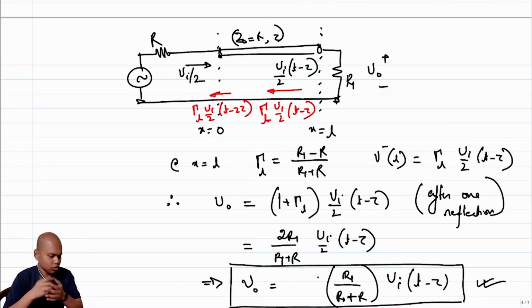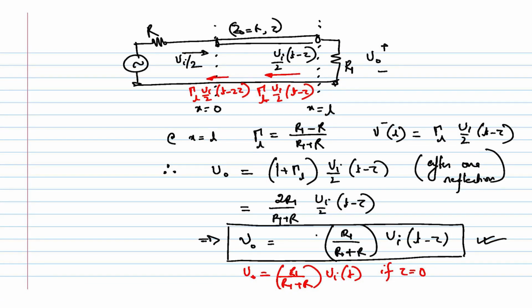So it's a good exercise to do. You can do it yourself, assuming the transmission line is matched to R1, and then go ahead and do it. The hint to doing it the same way as I did right now is to recognize the fact about the impedance.